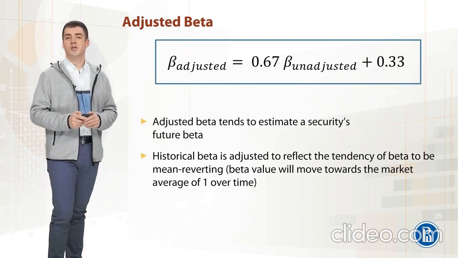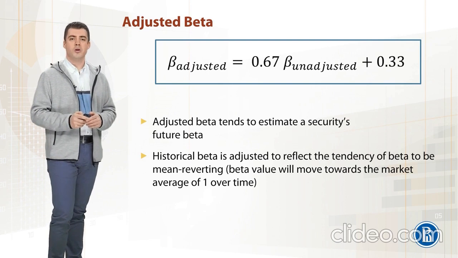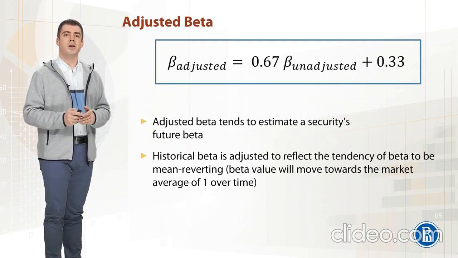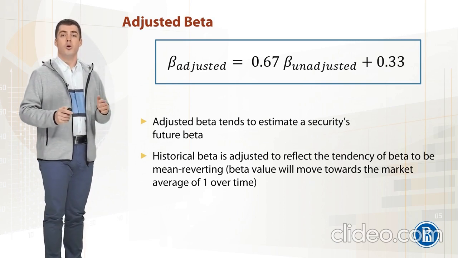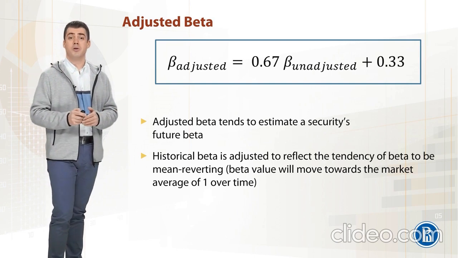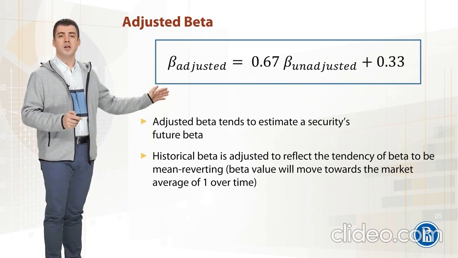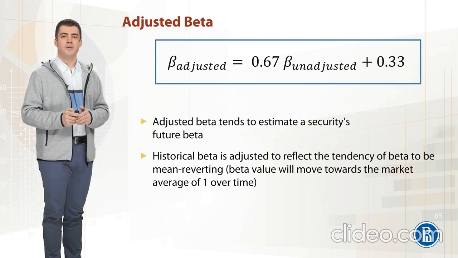Adjusted beta tends to estimate a security's future beta. It's a historical beta adjusted to reflect the tendency of beta to be mean reverting. So the CAPM's beta value will move towards the market average, or 1, over time. Here you can see the formula which was proposed by Marshall Blume in 1975.